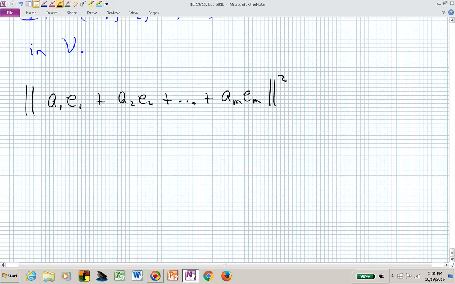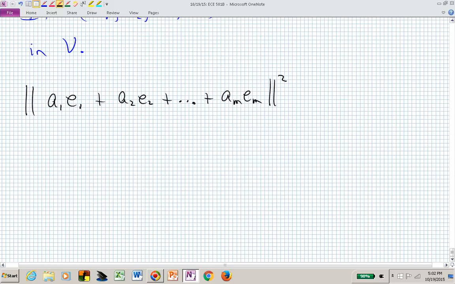Now I can write a lot of vectors. I haven't yet said that the list forms a basis, so I can't say that I can represent any vector, but I can write a lot of vectors as a linear combination of these m vectors. I can say u, the norm of that squared, if I've represented u as a linear combination of these m vectors, can I come up with a quick way of telling what the norm squared is? And in fact, I can.